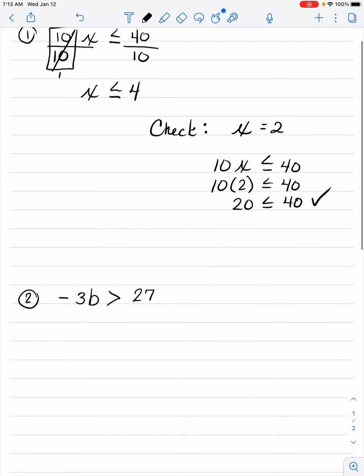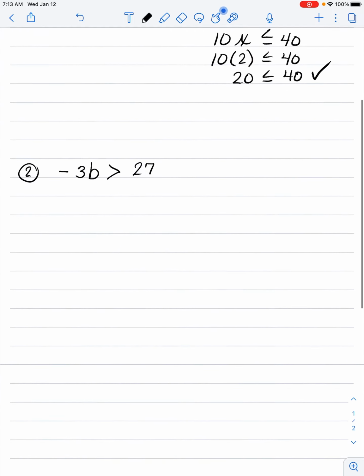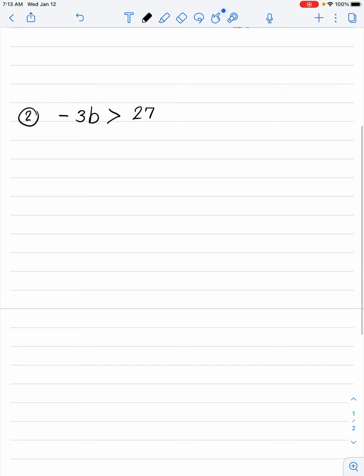Now, let's look at another example. And this is where we have the slight difference. Actually, it's a major difference. Okay, now, here we have a one-step inequality. And in this one-step inequality, you can see that we have a negative coefficient.